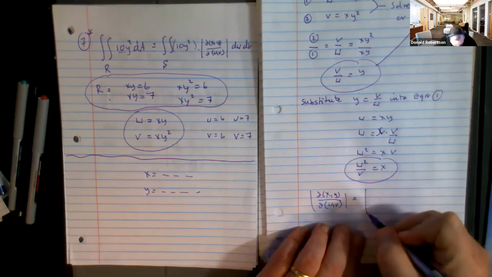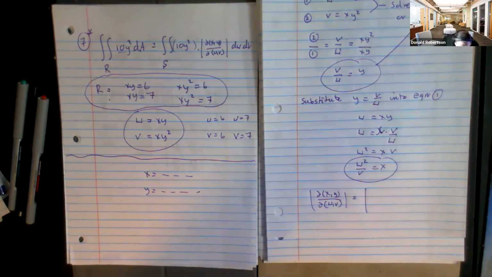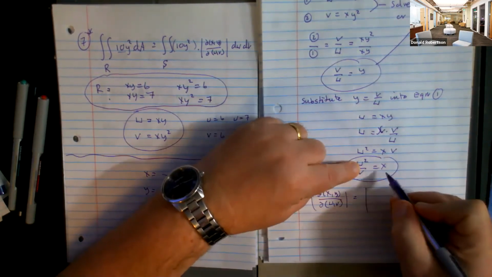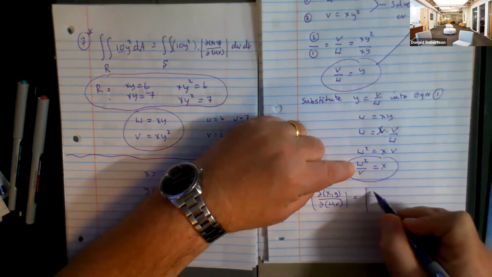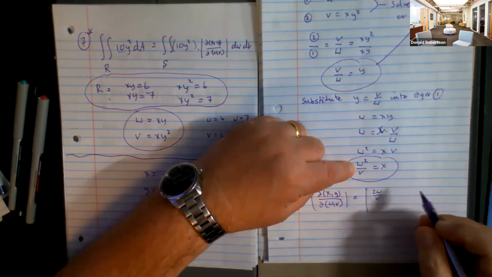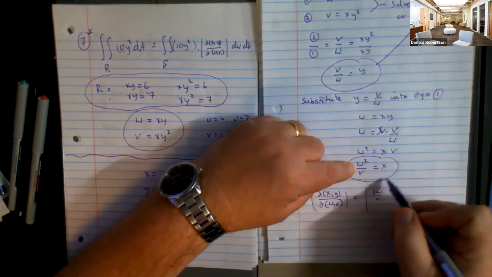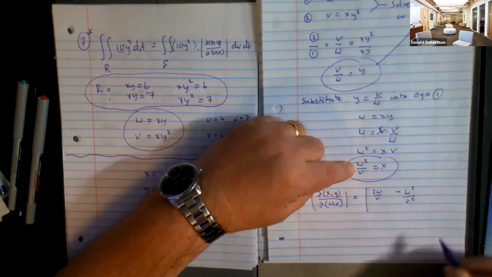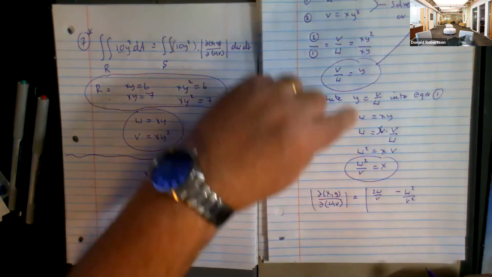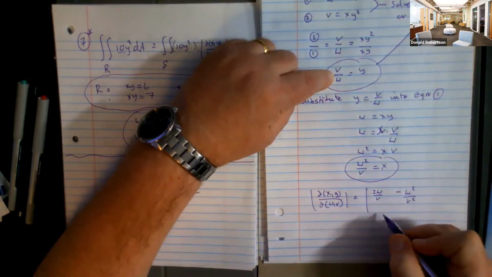I'm not going to write that formula down. It's getting boring. Right, this guy with u gives me 2u over v. This guy with v gets me negative u squared over v squared. This guy with u gets me v.